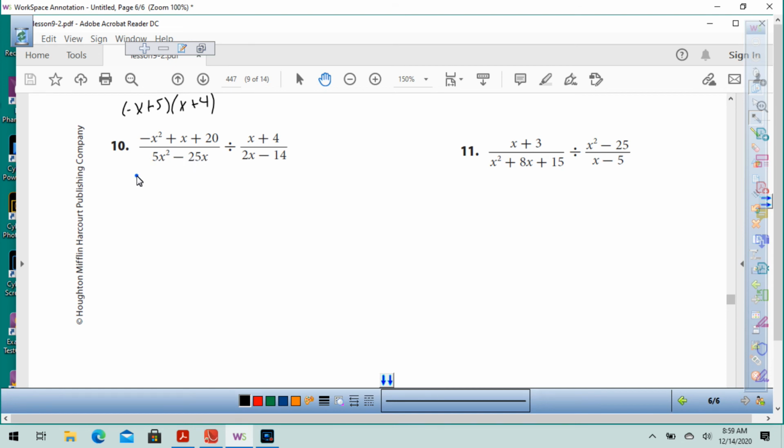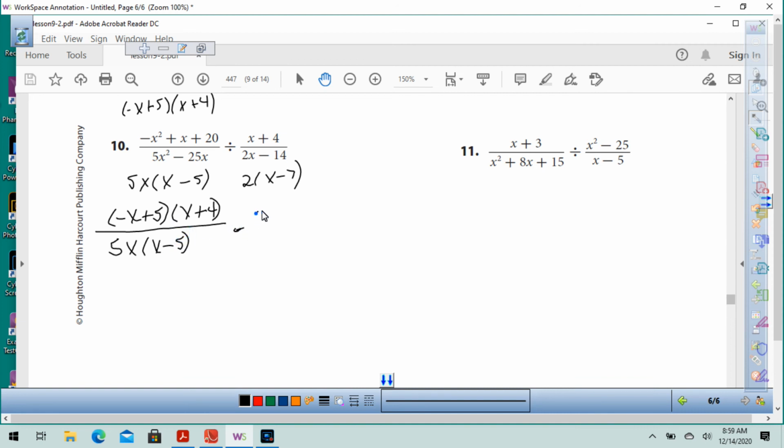What do we got here? I can take a 5x out, and that leaves me with x minus 5. And then over here, I can take a 2 out, and that leaves me with x minus 7. Now I'm going to invert and multiply, so I've got negative x plus 5 times x plus 4 over 5x times x minus 5.